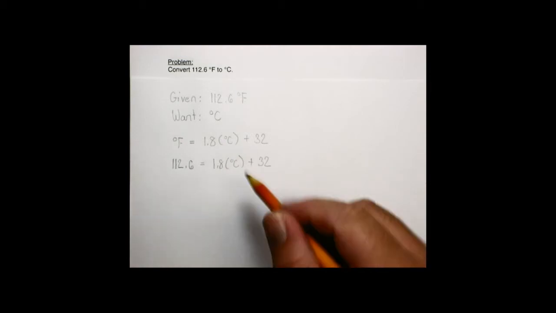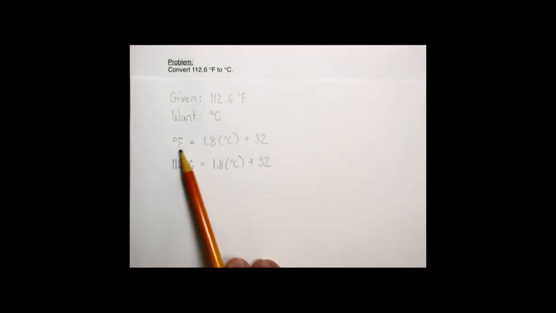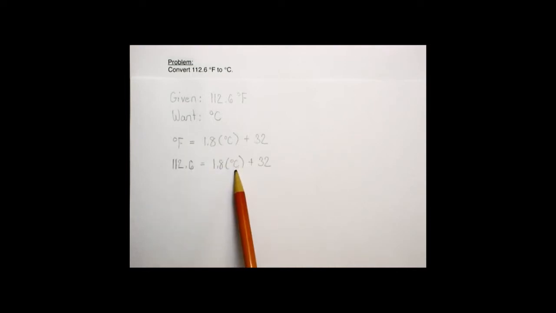And now notice the only thing we have left in this equation is our temperature in degrees Celsius. So let's solve this equation for that. Let me back up a step here. What we're trying to do is get this degrees Celsius symbol by itself, just like this degrees Fahrenheit symbol is by itself.